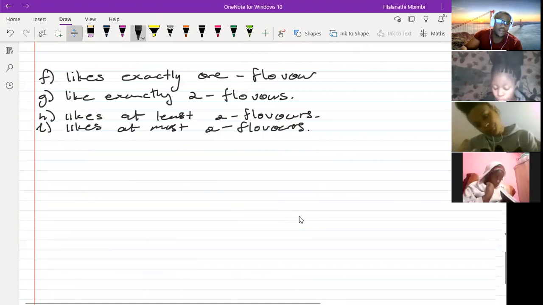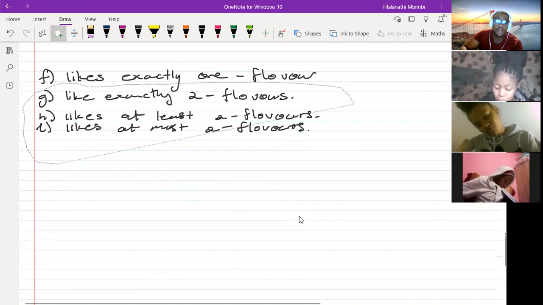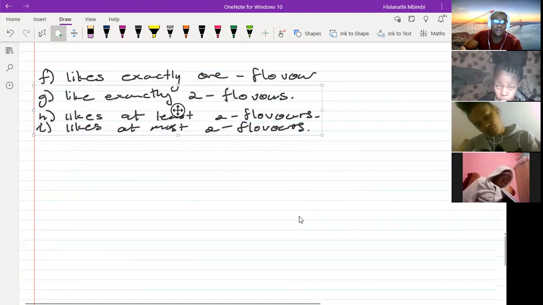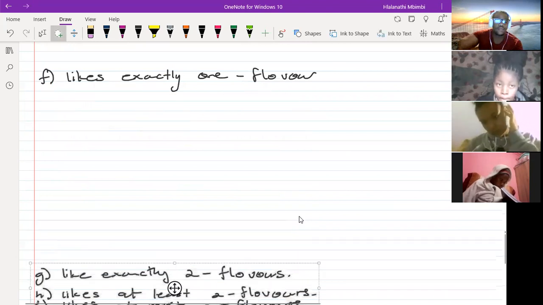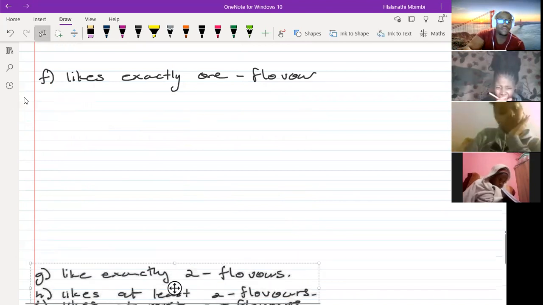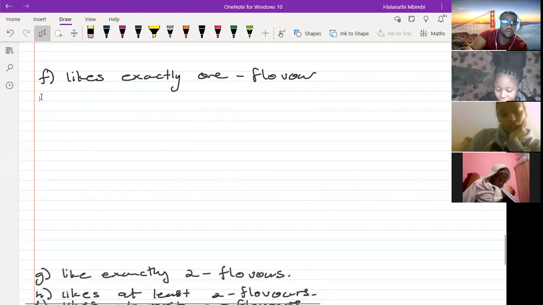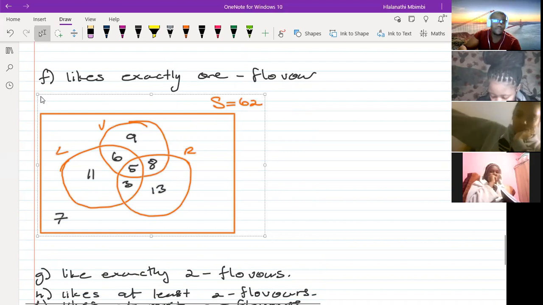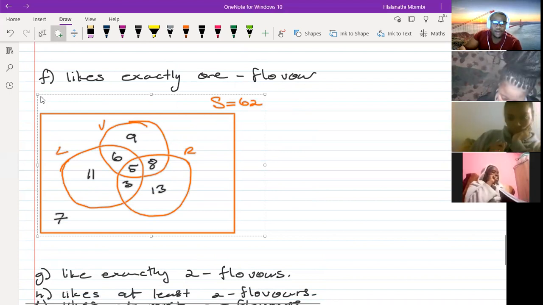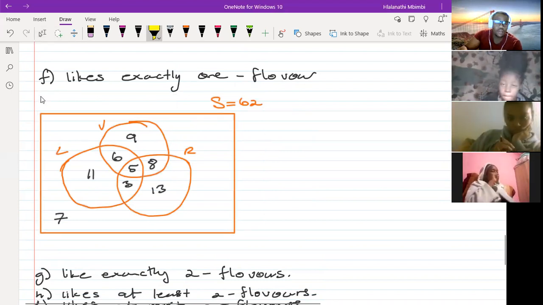Let's go for this one. The probability that they like exactly one flavor. Firstly, this is F. This would look like exactly one flavor.